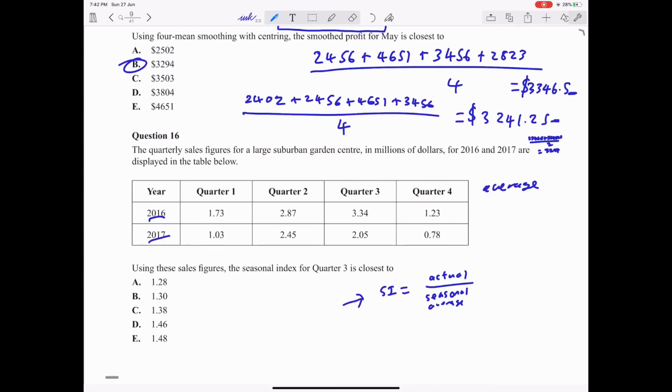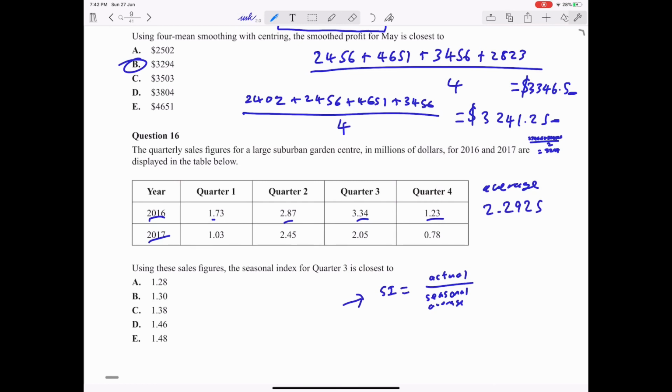To do this, you add the value of quarter 1, quarter 2, quarter 3, and quarter 4, and divide that by 4 to find the seasonal average. If you do that on your calculator, that will give you 2.2925.